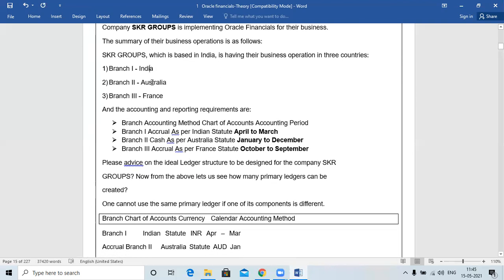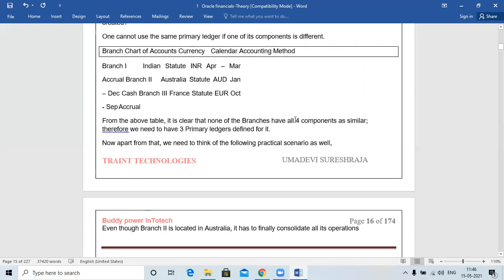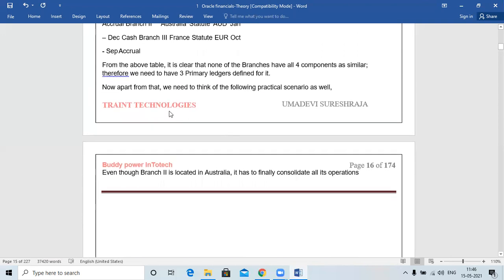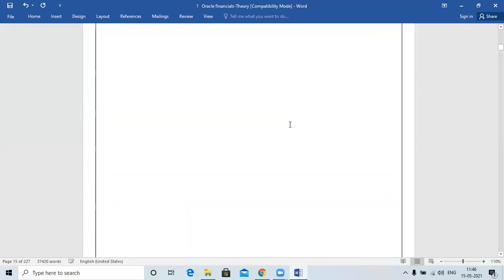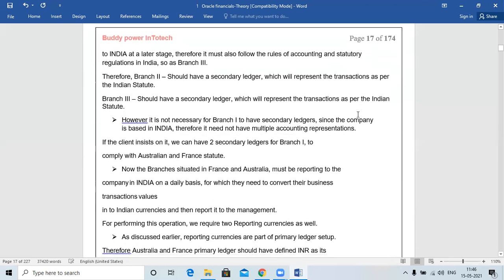The company has branches in 3 countries: India, Australia, and France, each with a different period and accounting method. You can read it slowly, and then I will answer.